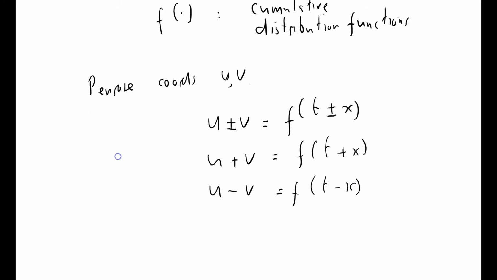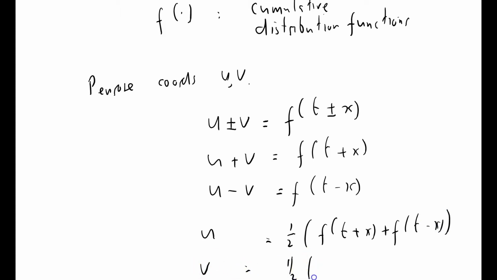So of course we can transform between them dead easily, because u equals just adding these two, a half f of t plus x, plus f of t minus x, and v of course is the other one, a half f of t plus x minus f of t minus x.